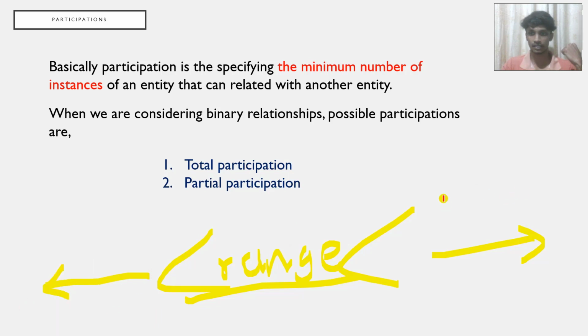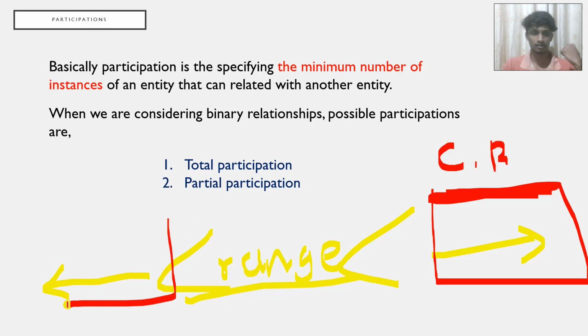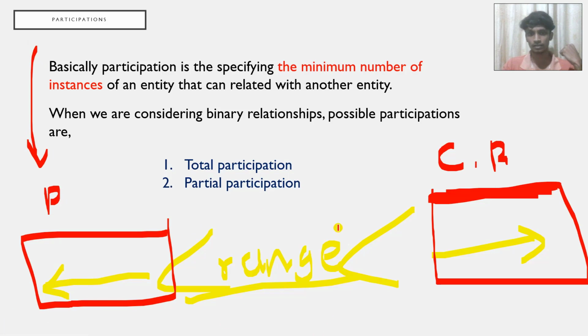In this area, we have to define cardinal ratios. In this area, there will be participations. So both areas will be covered. Both constraints will be defined for the relevant range. It is basically what a constraint means.